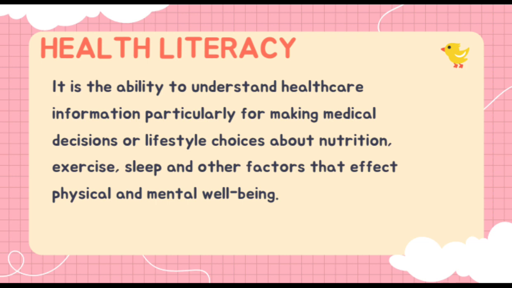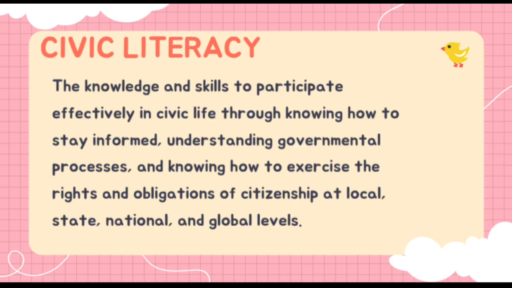It is the ability to understand healthcare information, particularly for making medical decisions or lifestyle choices about nutrition, exercise, sleep, and other factors that affect physical and mental well-being. Last is civic literacy.